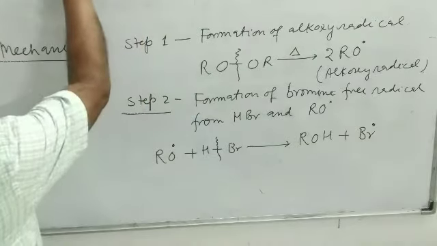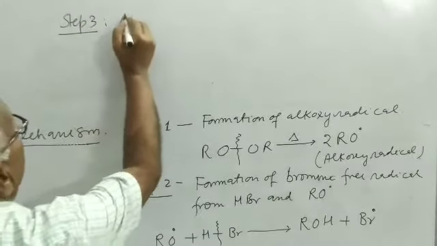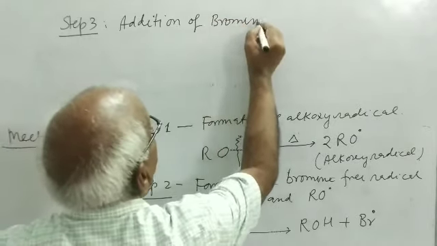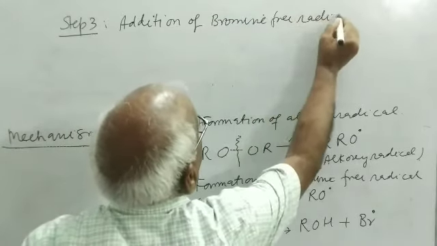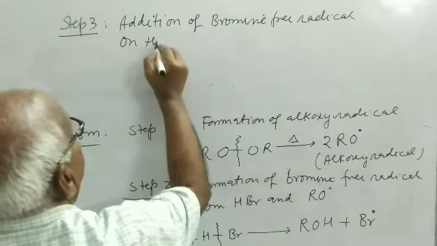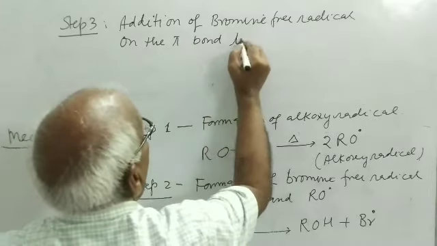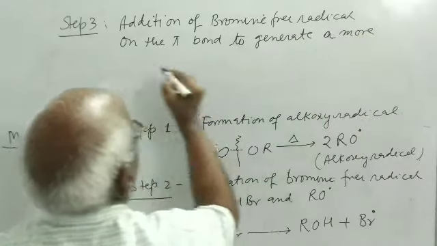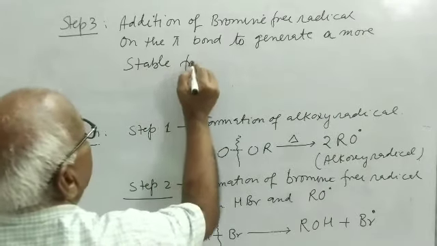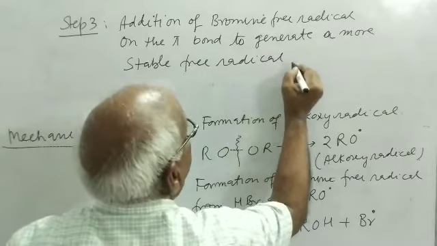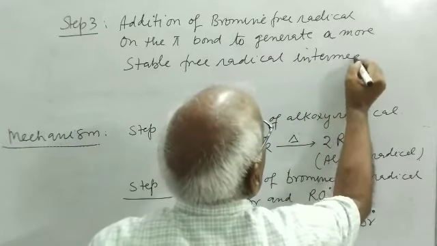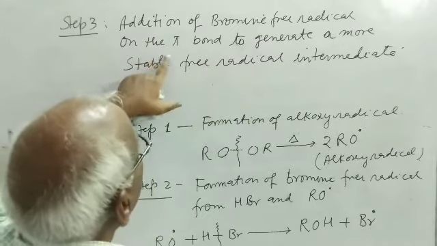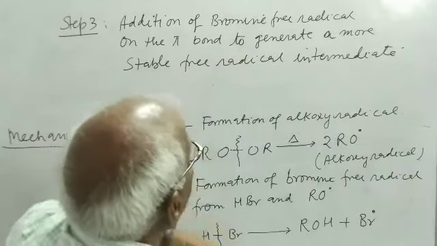Step 3, addition of bromine free radical on the pi bond to generate a more stable free radical intermediate.